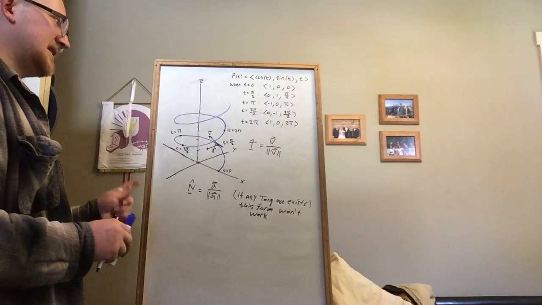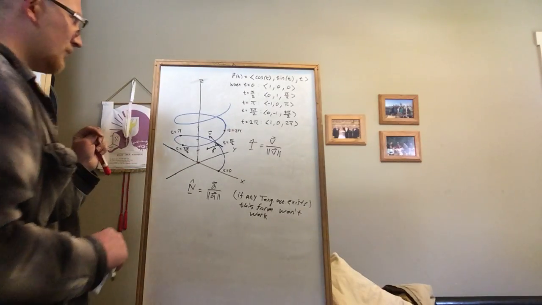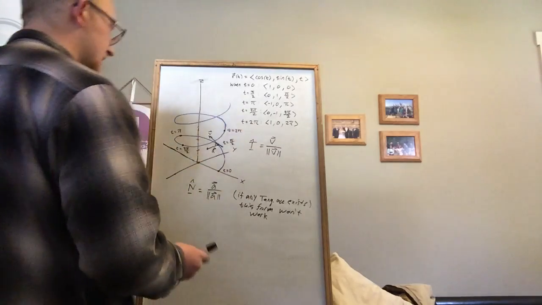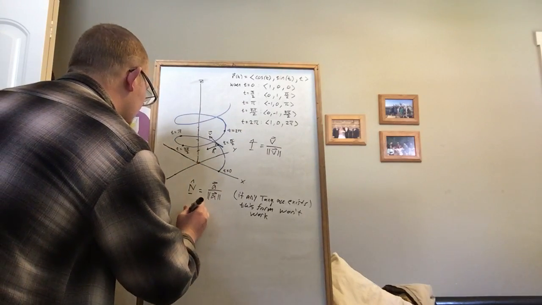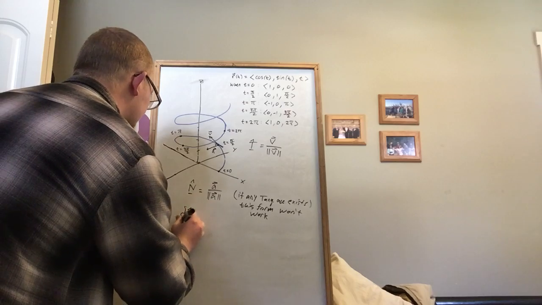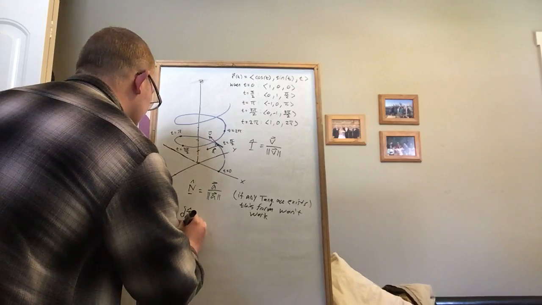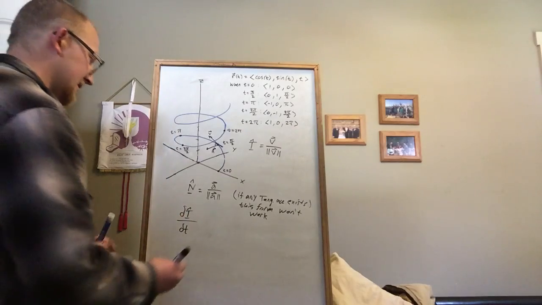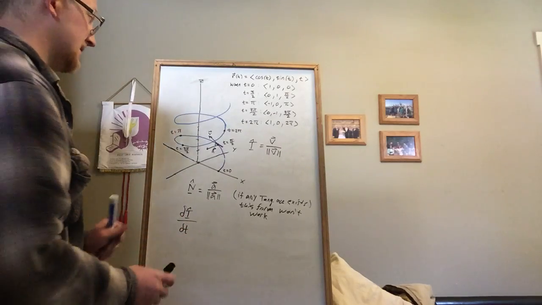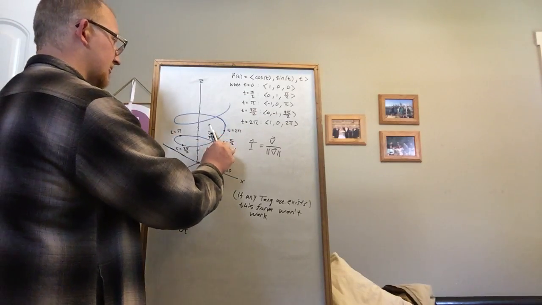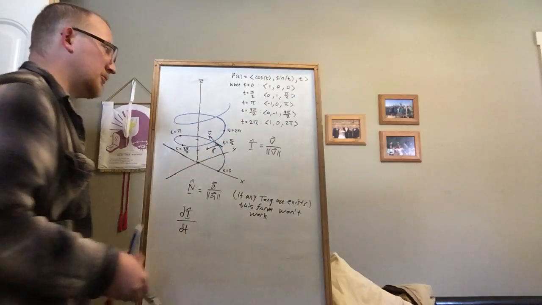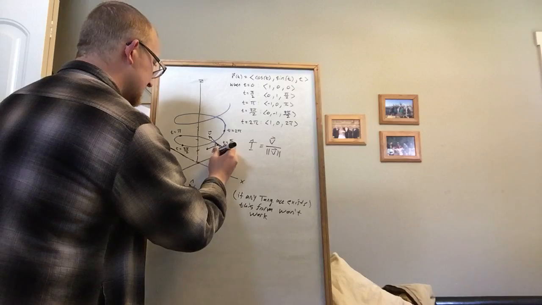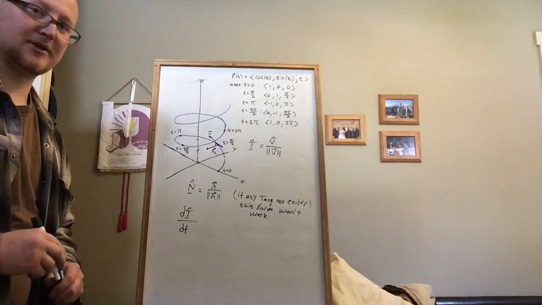So how can we fix that? Well, we know that the derivative, for example, of the unit tangent vector with respect to time, that's going to find just the centripetal acceleration, because if we're looking at just the tangential velocity and we take a derivative of that, we're just going to get the acceleration that's pointing in the centripetal direction.